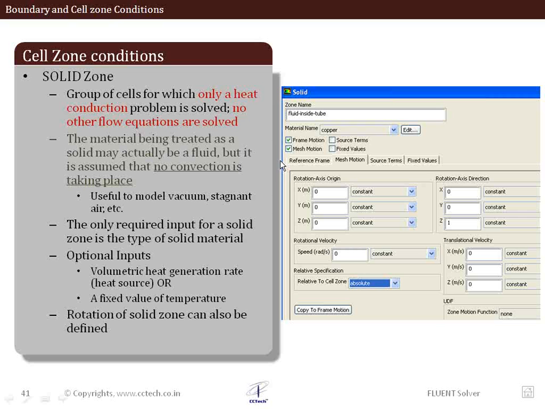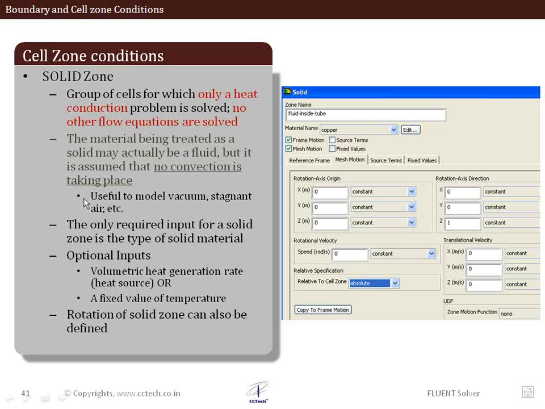We can also give a domain motion to it. What is interesting in this case is that for such zones, we can specify the material as we wish. We can include it into the domain, and we can give the specific inputs for the material type as well.